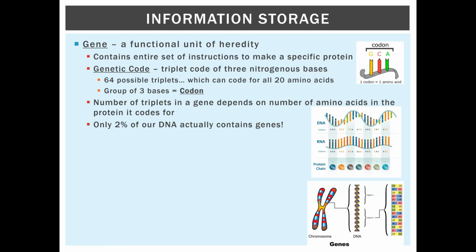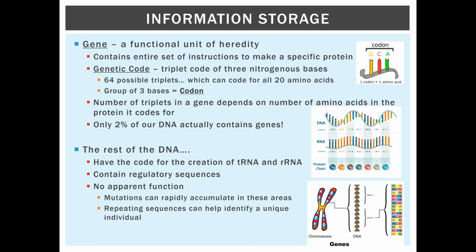Interestingly, only 2% of our DNA actually contains genes. The rest of the DNA has code for making tRNA and rRNA, which both participate in the protein synthesis process. There are some areas of DNA that contain regulatory sequences that determine when genes are turned on and when genes are turned off.